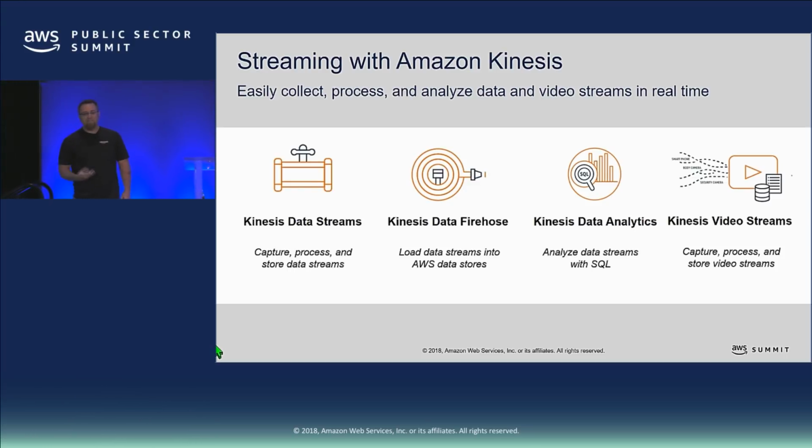We have Kinesis Data Firehose, which allows you to send data as fast as possible and then buffer data to push into a persistent data store. We have Kinesis Data Analytics, which allows you to tap into those streams and run SQL queries against that data in real time to provide aggregates and statistical analysis of that data. And then finally, we do have Kinesis Video Streams, where you can actually capture video data in real time and process that.